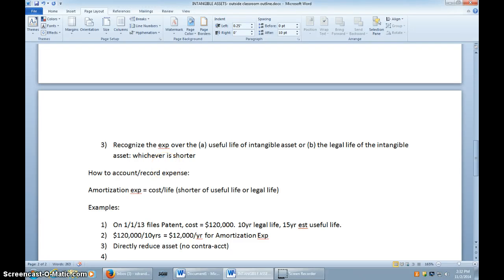The other thing I want to say before we end this second segment is I might have some partial year amortization expense, just like I had partial year depreciation expense, if the asset was not purchased on January 1st.